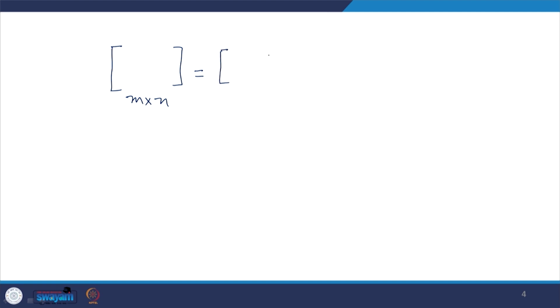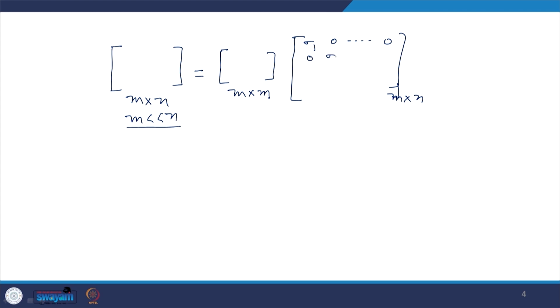U will be an m by m orthogonal matrix and sigma will be m by n, and here we are assuming it is a fat matrix, that is, more columns than rows. Sigma has sigma 1, sigma 2, up to sigma r along the diagonal and the rest of the entries are 0, and then V is an n by n orthogonal matrix, and the singular value decomposition is U sigma V transpose.